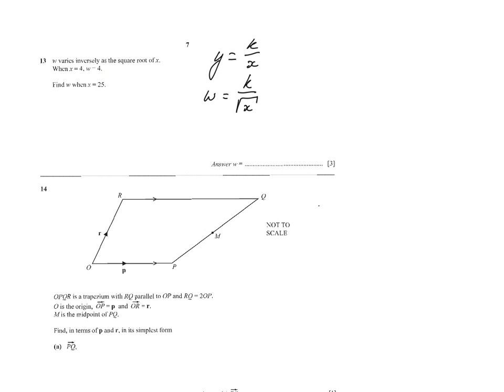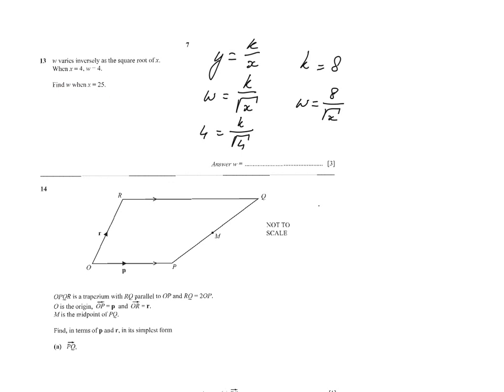So they say w is 4 when x is 4. So k is the square root of 4. The square root of 4 is 2. So k equals 8. There you go. Okay, then the formula for this particular question is w equals 8 over the square root of x. And now we can finally answer the actual question.